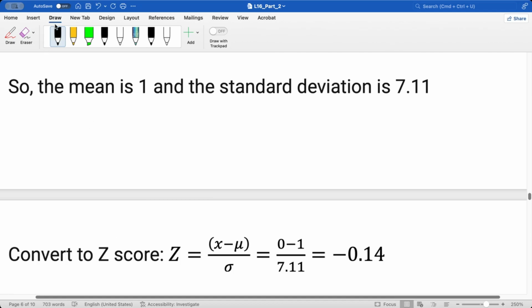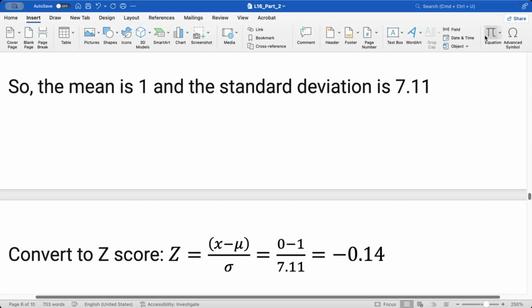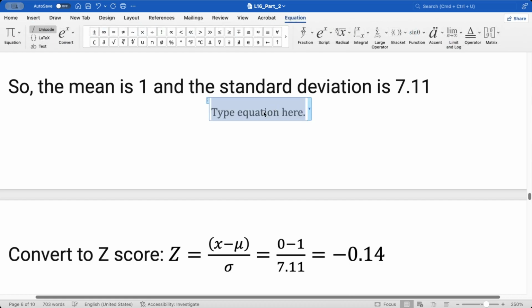So what's happening here is we were trying to find the probability that x plus y minus 1.9 w is greater than 0.